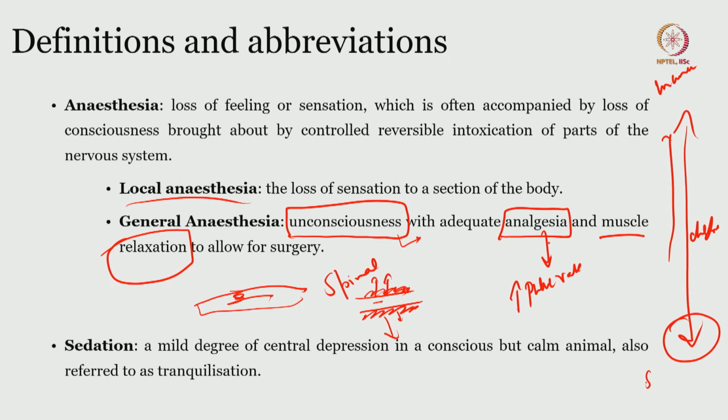You are just putting the animal to sleep, slightly unconscious, but still it can perceive pain. Maybe the muscles are not fully relaxed, but it is sleepy. I mean, that is the right word. So a mild degree of central depression in a conscious but calm animal, that is sedation. Alright. The animal is conscious, but it generally becomes more calm, activity definitely goes down, then that is sedation.